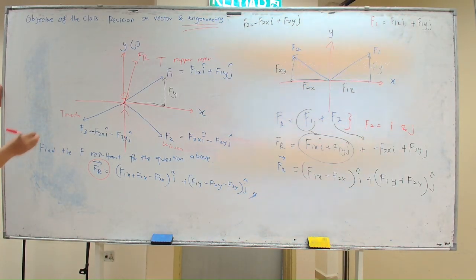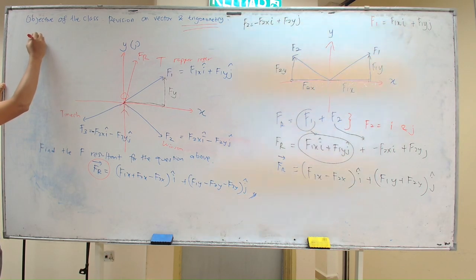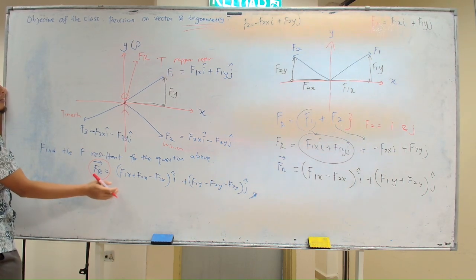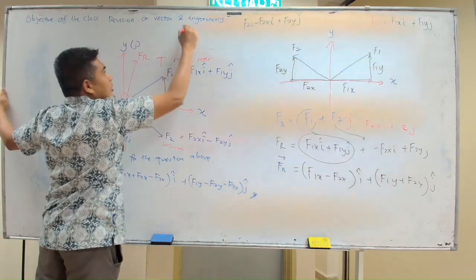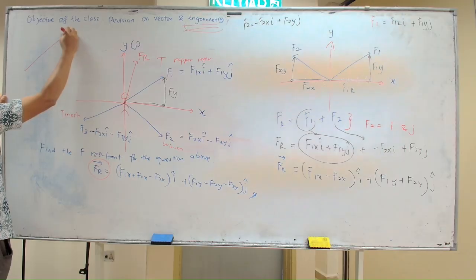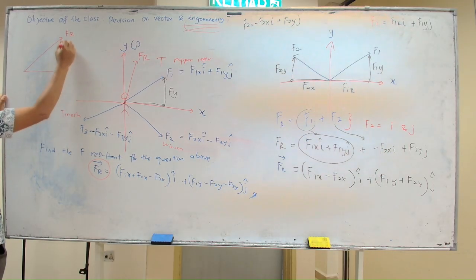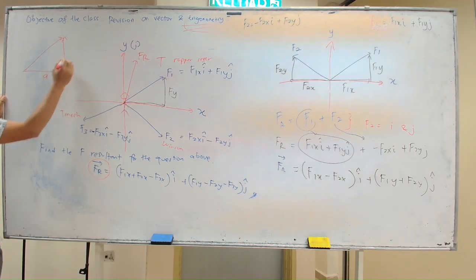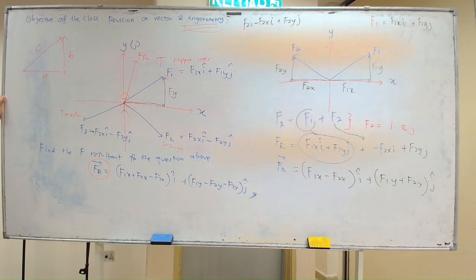So we need to use, so FR. For example, I think I need some numbers. It will be easier. Before we go to this one, I will go back to the trigonometry first. Let's say this is FR. This is A, this is B, this is C. Okay? This is theta.